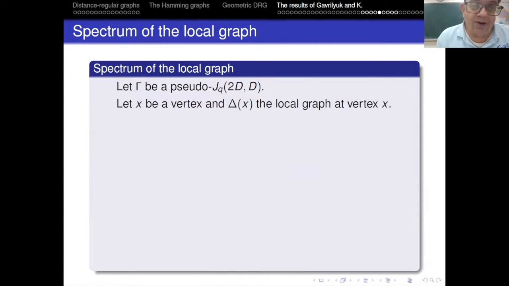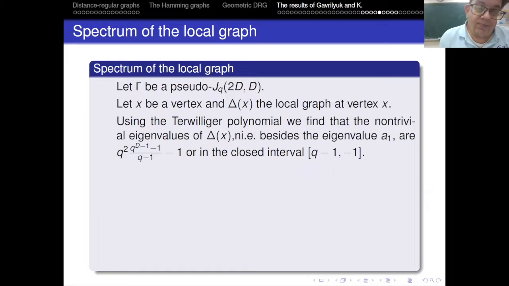So let gamma be a pseudo KQ2DD, and let x be a vertex of gamma, and delta x the local graph of gamma at the vertex. Using the Terwilliger polynomial, we find that the non-trivial eigenvalues, that is the eigenvalues which are not a1, are q squared times q to the power D minus 1 minus 1.